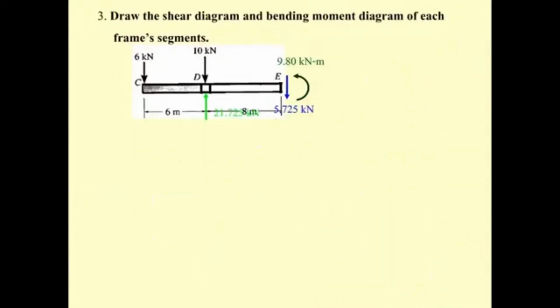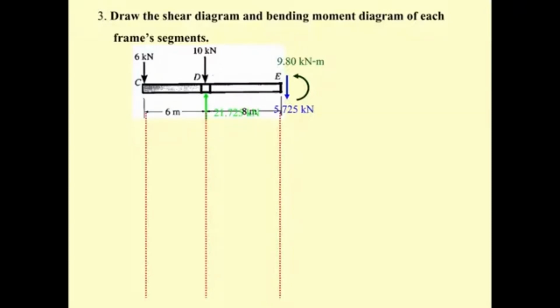So let's start with this one first. So this one will have this, and you may see the 9 kilonewton going to put this one down, and then there is no distributed force. This is going to be constant, and this one is going to go up, but you have 10 here, so it's going to go up for 11.725.